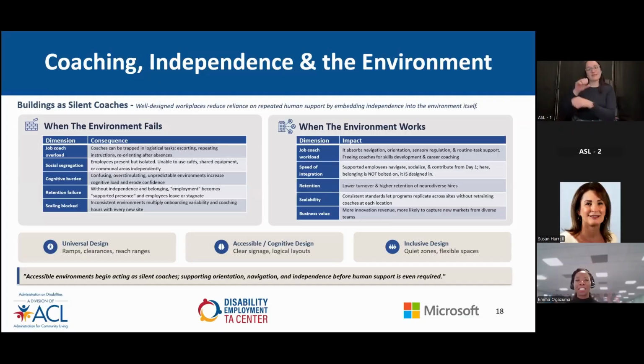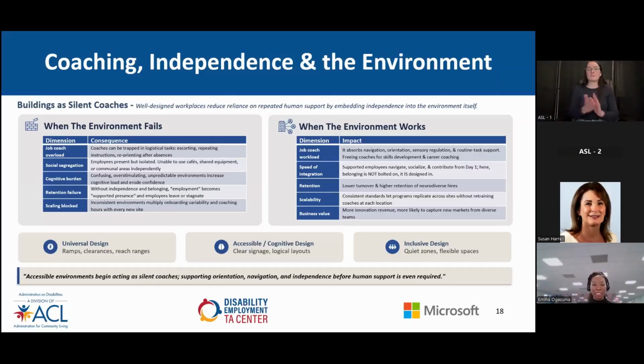And this is where it matters for policy when you're designing spaces. When we design workspaces this way, we're not just supporting one individual. We truly are removing barriers. We're breaking those barriers down. We free up the job coach's time for things like skills development, career coaching, and supporting even more employees at work, ultimately, when they have that much time where they're not constantly repeating instructions, where the environment truly is a partner in that supported employment scheme.